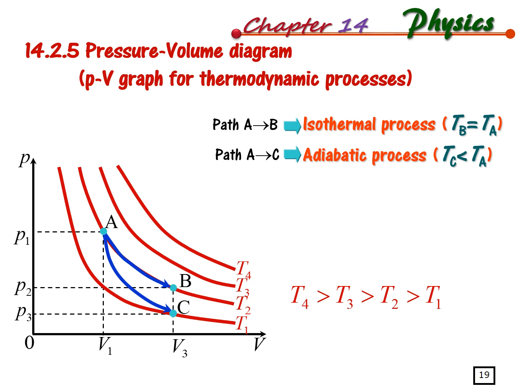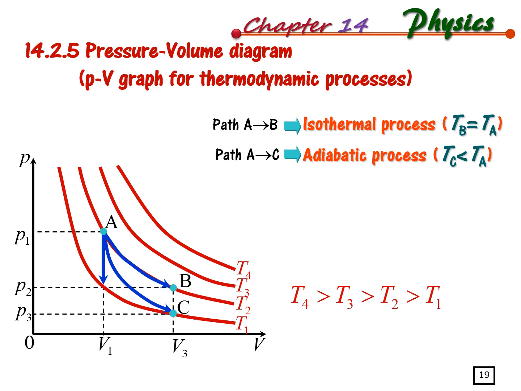In this case, the temperature drops from A to C, where the temperature Tc, which is T1, is smaller than Ta, which is T2. But if isothermal, the temperature is unchanged or constant.